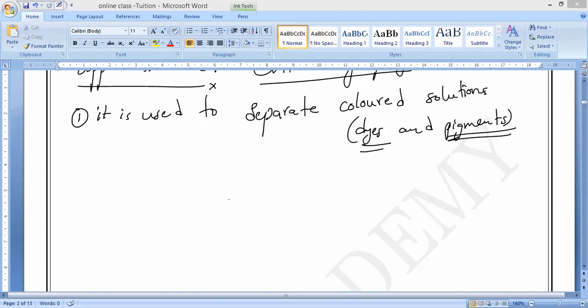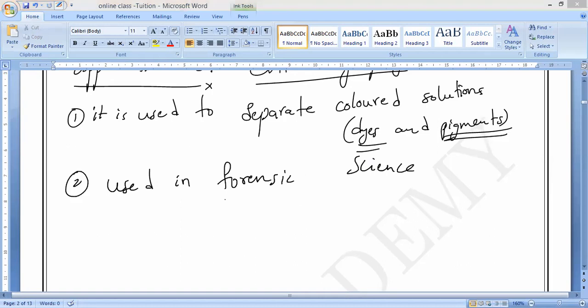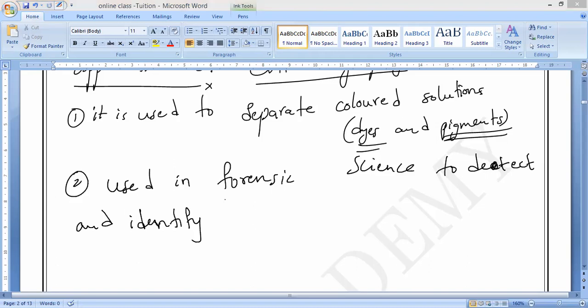The second one is used in forensic science to detect and identify trace amounts of substances. Trace means very small amounts, like dangerous substances.